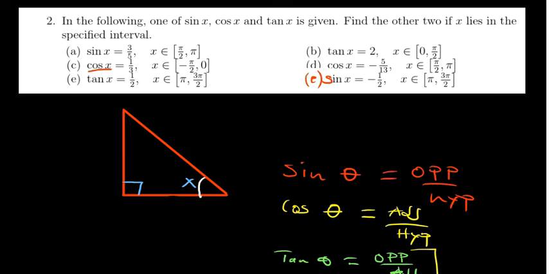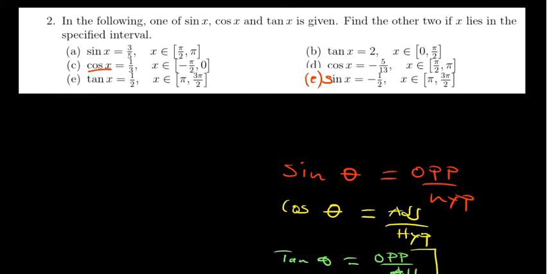I've gone to the ones with the negatives. So we have cosine of x is equal to negative 5 over 13.